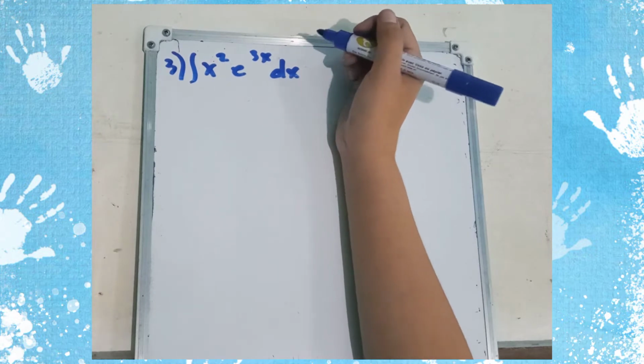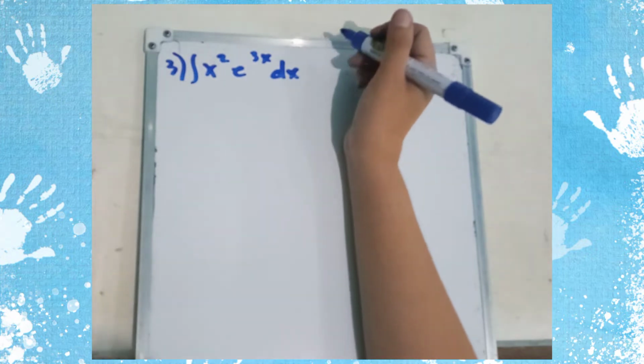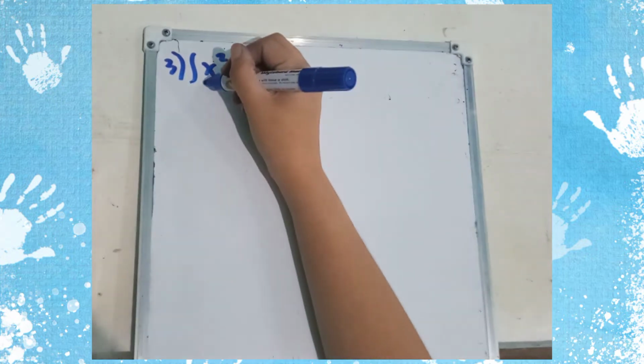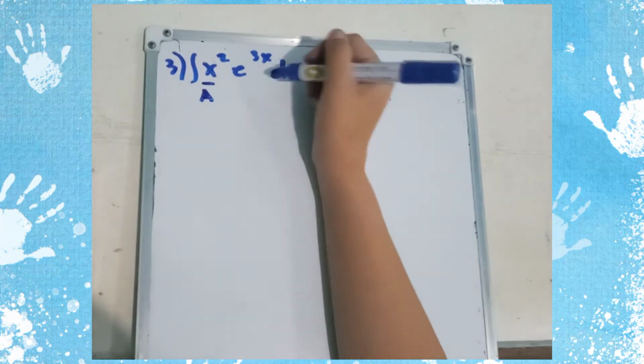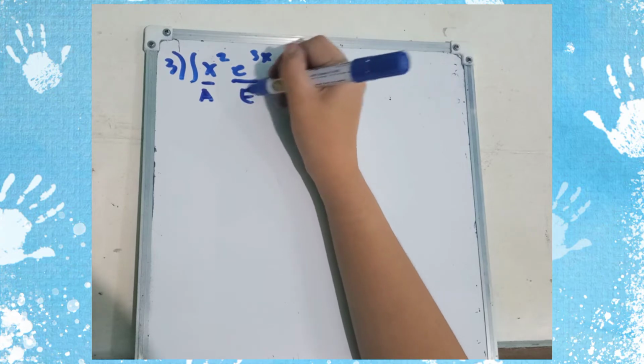Let's have this next example, the integral of x squared e raised to 3x dx. So x squared is algebraic, and e raised to 3x is exponential.